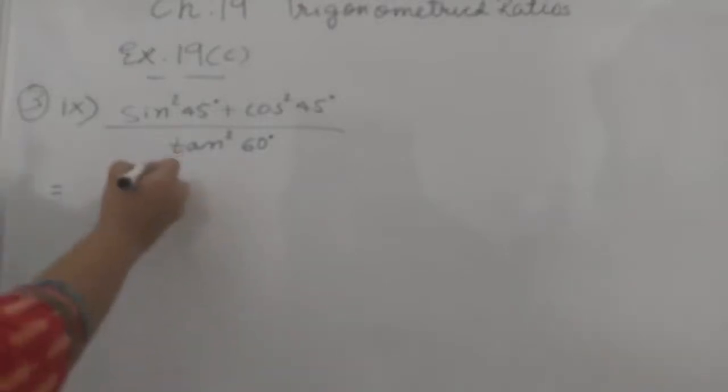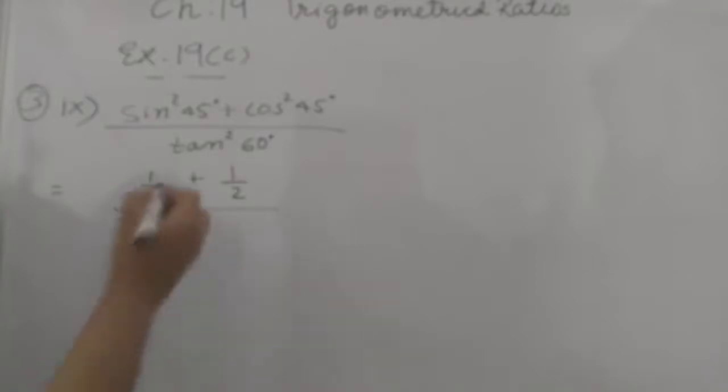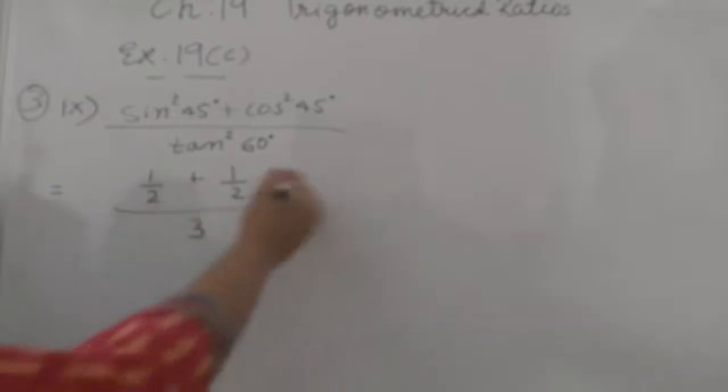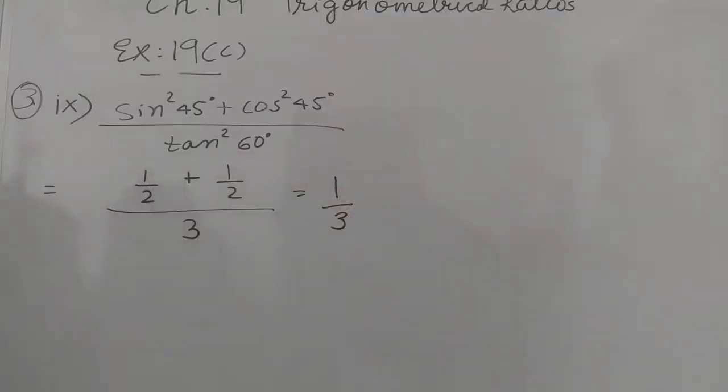Sin 45 is 1 by root 2 and square of it is 1 by 2. Cos 45 is also the same, and tan 60 is root 3. So root 3 square is 3. So likewise this is 1 by 2 plus 1 by 2, over 3. So this is our question number 9, 1 by 3 as the answer.